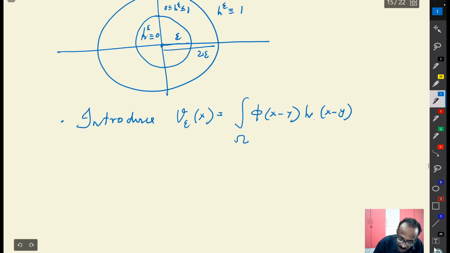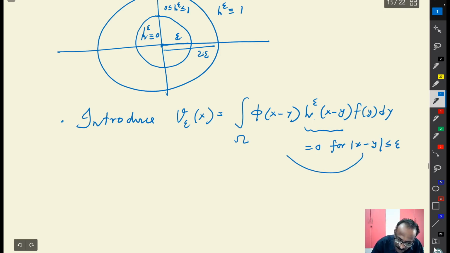Now look at this one. This h epsilon is equal to 0 for mod x minus y less than or equal to epsilon, and this is where it has the singularity. So there is no singularity now for this function.